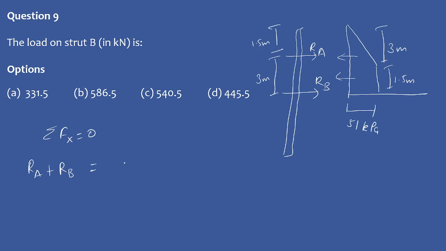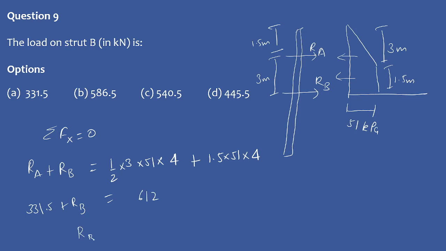So half into 3 into 51 into 4 plus 1.5 into 51 into 4. RA we have already calculated as 331.5 earlier. So RB is 0.5 into 3 into 51 into 4 plus 1.5 into 51 into 4, it's basically 612.